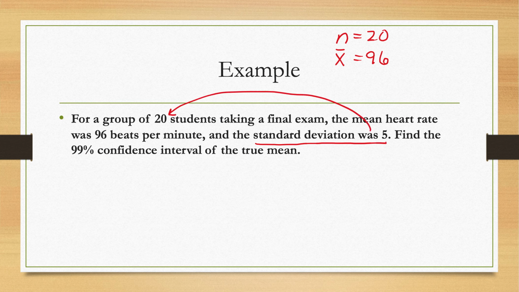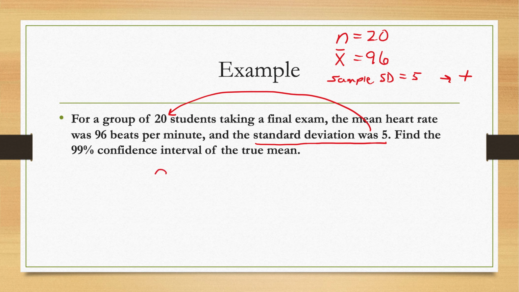So sample standard deviation is going to be 5. This tells me right now that I'm going to be using a t-score in the problem, and I'm going to have to find that t-value. So let's set up as much as we can, and then we'll find our t-value.